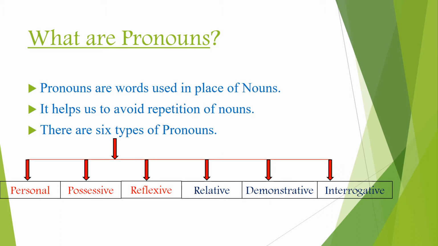Pronouns are of 6 types. Let's know what they are called. The first is personal pronoun. From the left, the first is personal pronoun. The second is possessive pronoun.